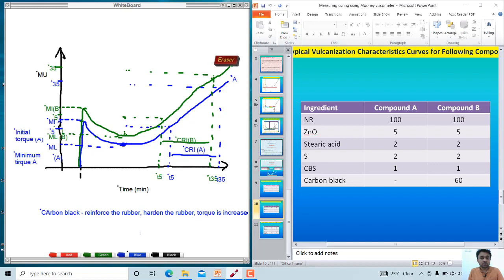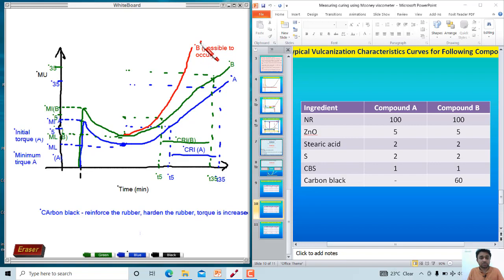T5 and those points will not be changed, but the other possibility I will draw in red color. So the curve can go in this way. It is possible to occur.